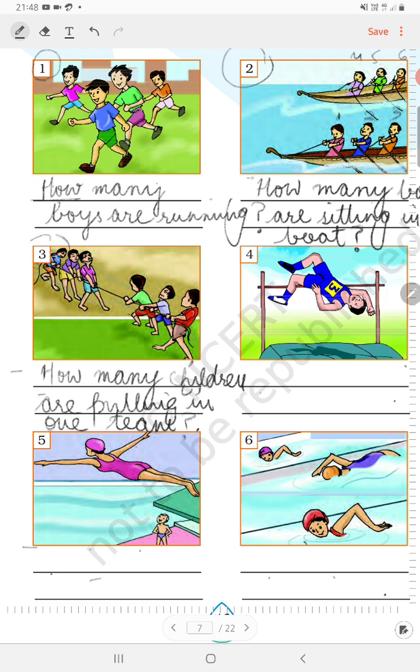Pulling the rope in one team. Okay. So you can count 1, 2, 3 on this side, and 1, 2, 3 on this side also.